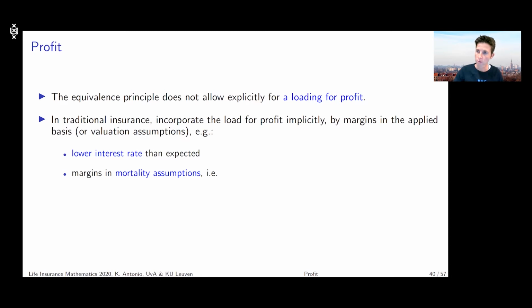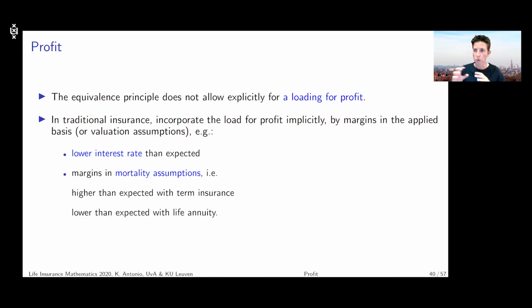You could also play with the mortality assumptions, but then of course it depends on whether you're dealing with an insurance product or with an annuity product, and that will influence the way you should change your mortality assumptions in order to take this loading for profit into account. With insurance products, if you have higher mortality than expected, then it means that you expect to pay out more death benefits.